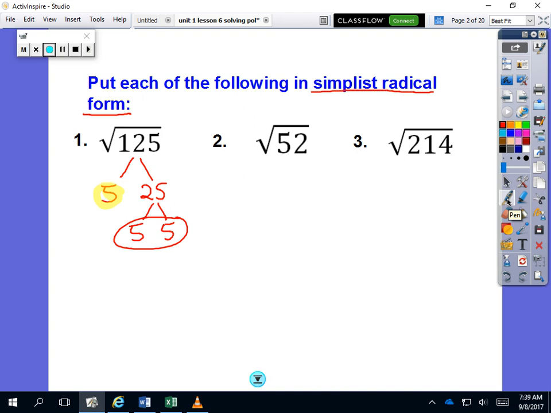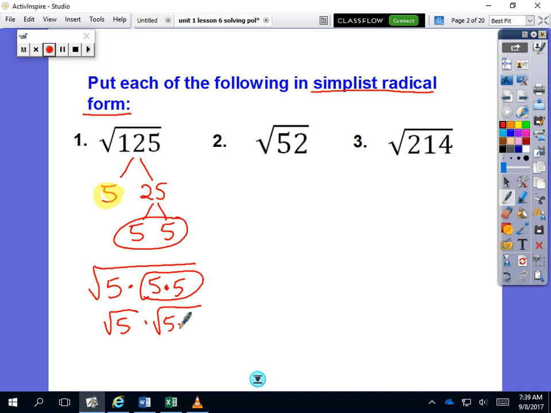Okay, so now under the radical, what I have is a 5 and a pair of 5s. This pair of 5s, if I take the square root of that pair, that equals 5. So in other words, what I have is the square root of 5 times the square root of 5 times 5.